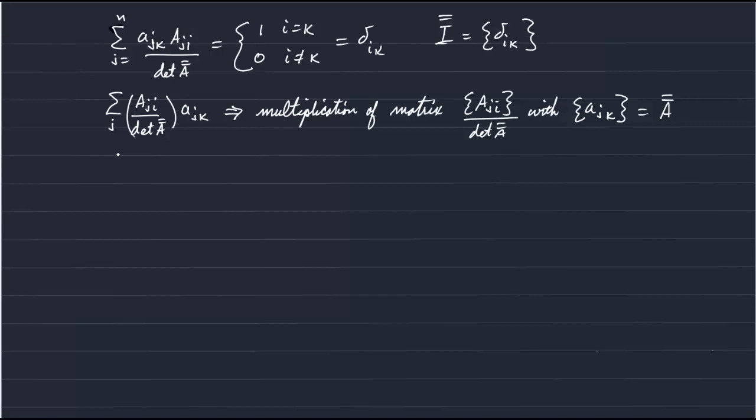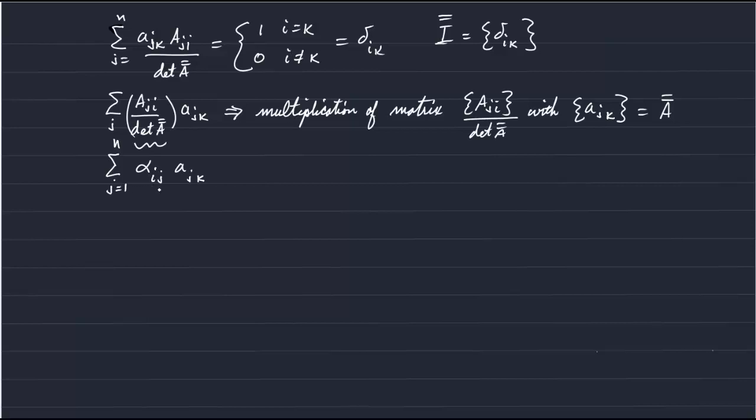Let me make sure you can see this as a matrix multiplication. In place of all this, I'm just going to write little alpha ij, and this is Ajk.